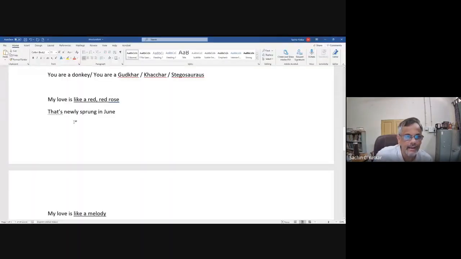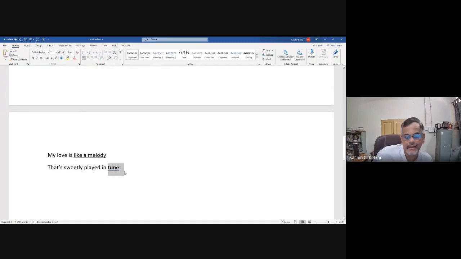Or simile, like: my love is like a red rose that's newly sprung in June, my love is like a melody that's sweetly played in tune. Now that's not a natural use of language, right? So to naturalize it, you should have some competence, some knowledge of the devices used by the writers, and those devices are what are being studied in structuralism.